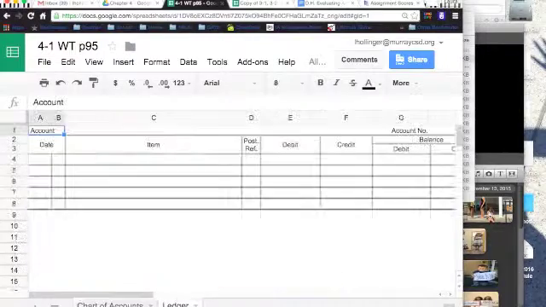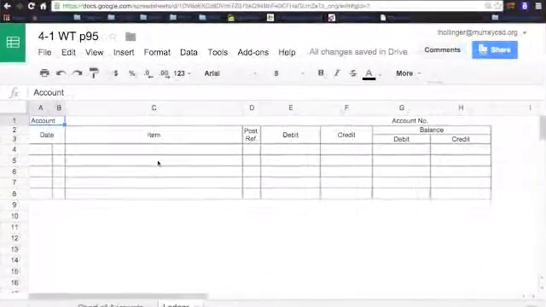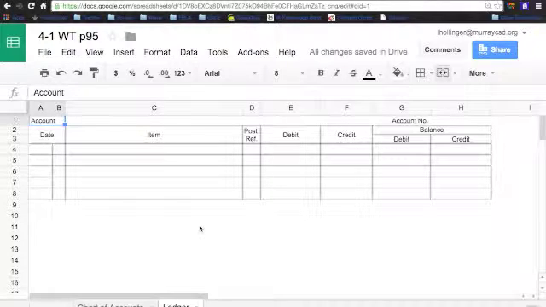In here, it's going to show you an example of what our ledger account is going to look like. Now, tomorrow I'll show you how to use this. Right now, you're just going to learn how to open the account. So just some things to point out. This is not a journal form. This is called a ledger. It's where we're going to keep track of each account individually. You'll notice that there are 2 debit and credit columns, one of them called balance, and I'll show you how all of that stuff works tomorrow.